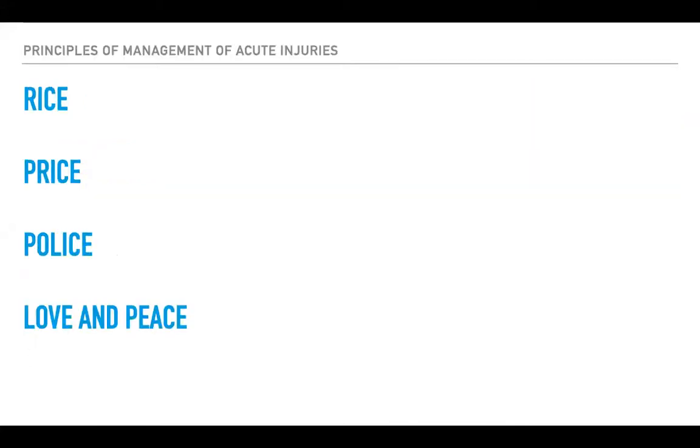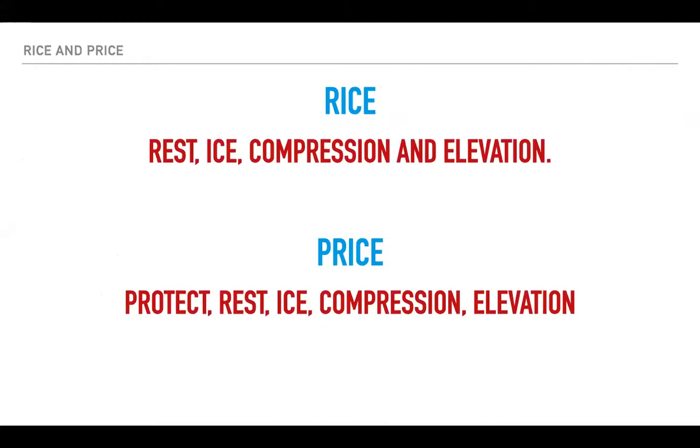Normally, what we use for soft tissue injuries in acute conditions are RICE, PRICE, POLICE, and LOVE and PEACE. RICE means rest, ice, compression, and elevation. And for PRICE, we are just adding protection: protect, rest, ice, compression, and elevation.